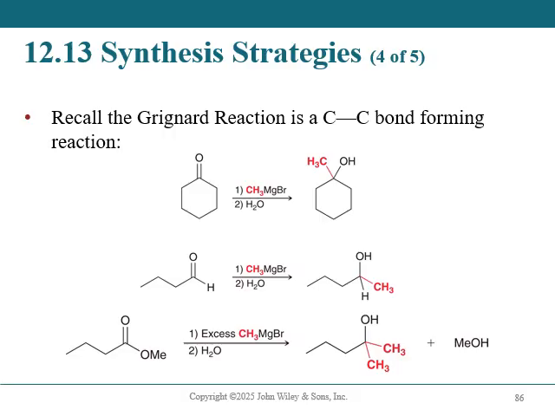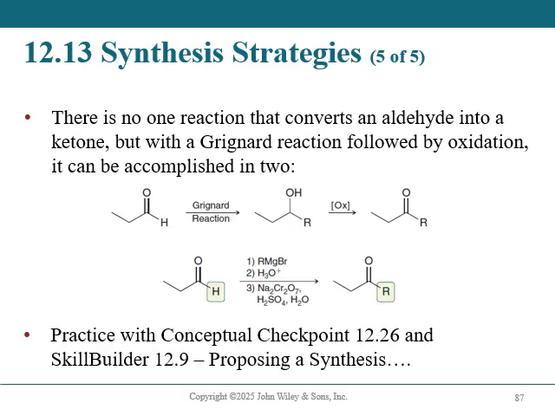Recall that the Grignard reaction is a carbon-carbon bond forming reaction, so you can add carbon atoms to your skeleton. It's very convenient for us, adding this to our little stockpile of reactions. There is no one reaction that converts an aldehyde into a ketone, but with a Grignard reaction followed by an oxidation, we can accomplish it in two steps.